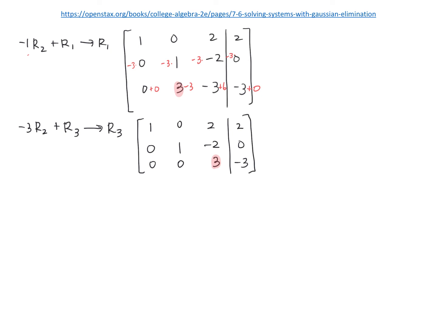So to do that, I am going to divide everything in row 3 by 3. In other words, I'm going to multiply by 1/3. So that will be 1, 0, 2, 2, 0, 1, negative 2, 0, and 0, 0, 1, and then negative 1.